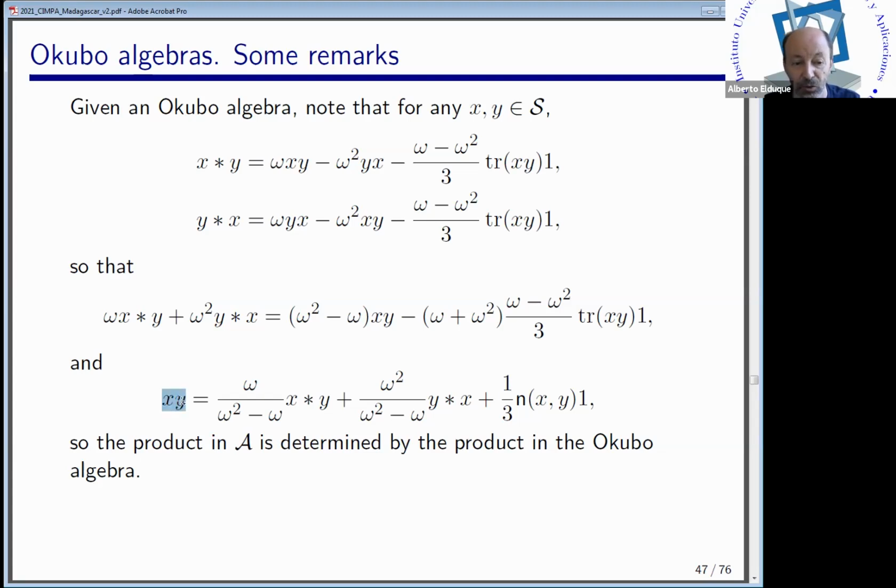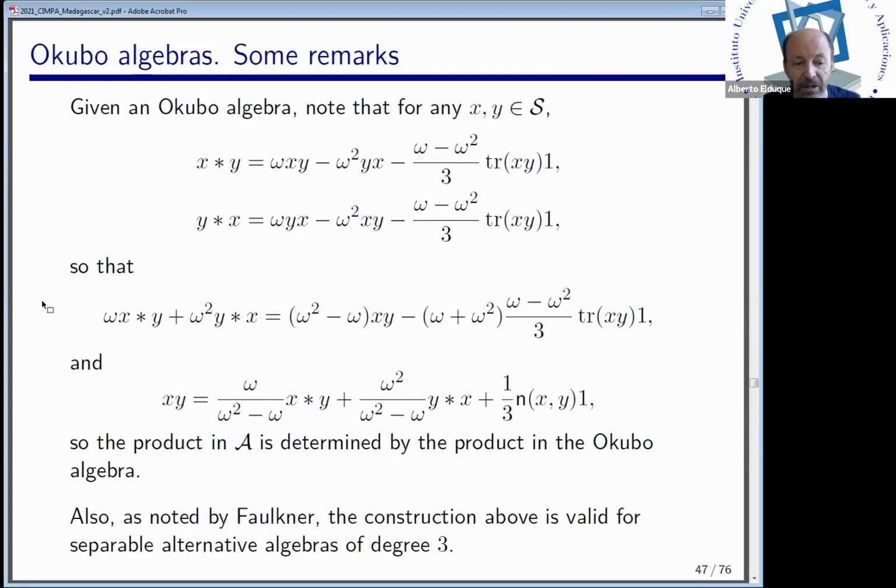We can recover the usual product of matrices x, y in terms of the Okubo product and the norm in the Okubo algebra. Okay, so this is quite interesting.